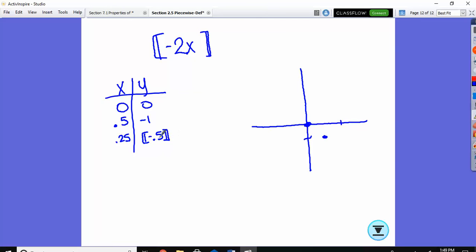That falls between 0 and negative 1, so it's going to give me negative 1 still. 0.75 is going to do the same thing, and then you can put in 1 now, and then you get your next step. What happens when I put in a 0.1? The same thing. I get a negative 0.2, which gives me out negative 1.